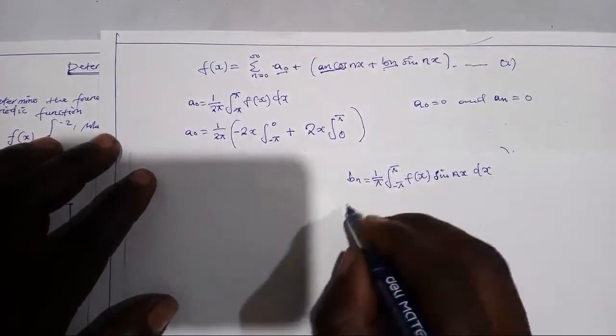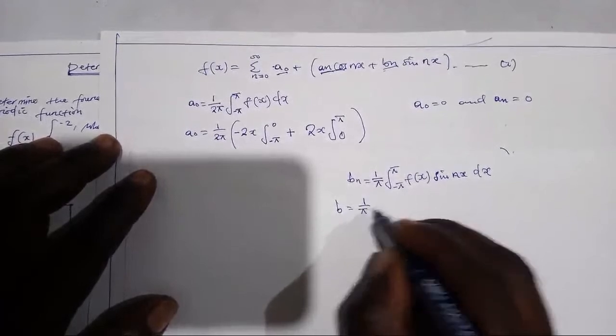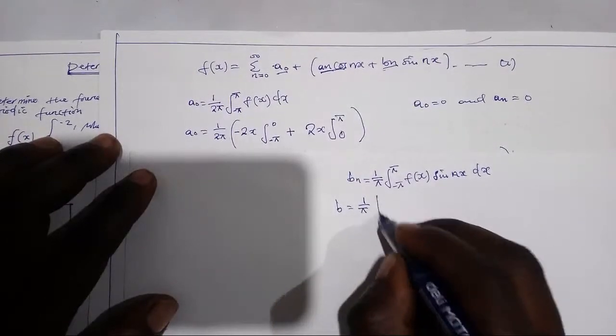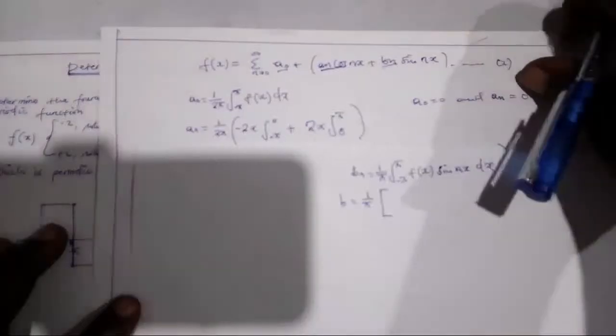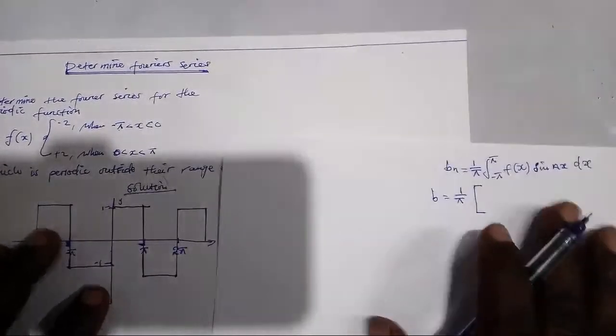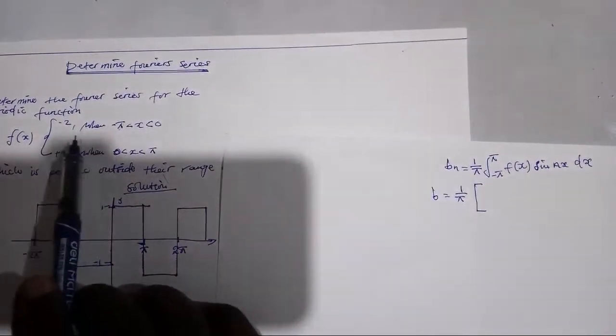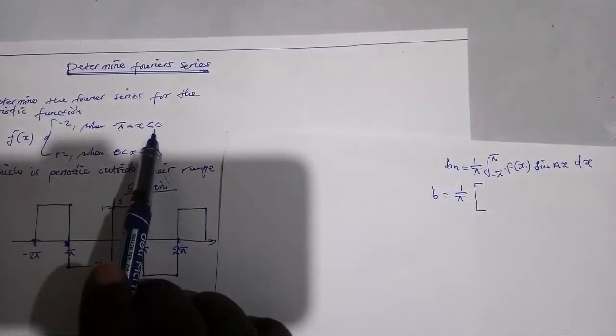Then here b n will be equal to 1 over pi, then open square bracket. We are going to follow this condition here for negative and positive. For negative, we are going to follow this factor here.